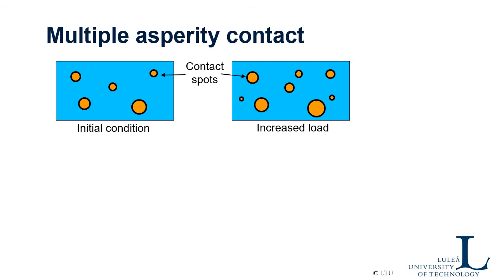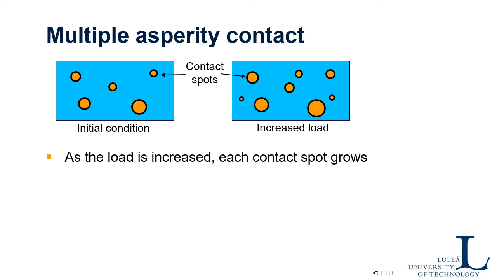If you have a surface with a number of asperities, we know from contact mechanics that a typical surface is only touching the other surface in a few contact spots like this. So if this is the initial condition with a little bit lower load, and then you increase the load, you get more contact spots.